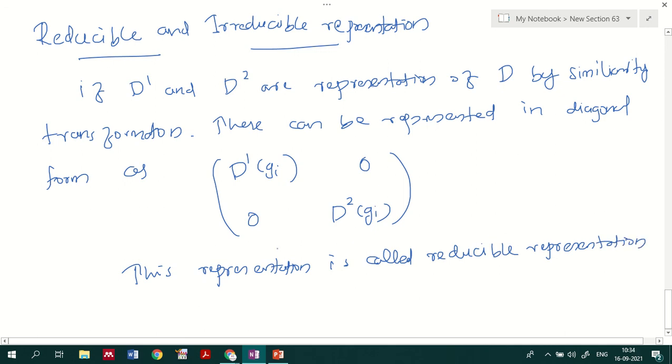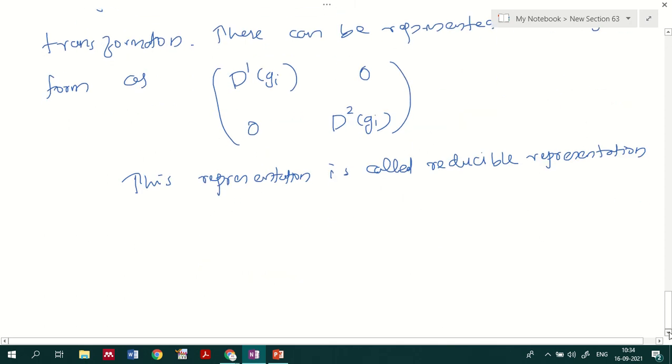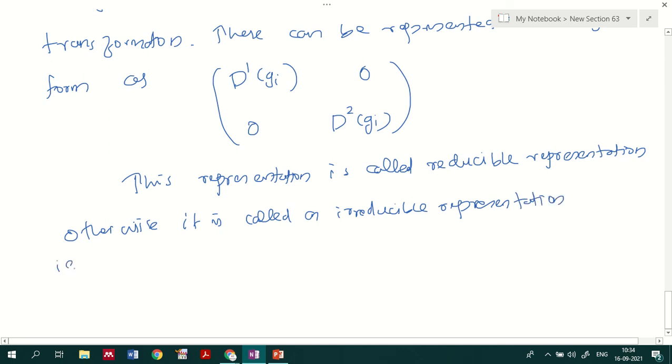And if you can't represent it so, because in some cases you will have a non-diagonal form, such a representation we call an irreducible representation. That means it has a non-diagonal form.